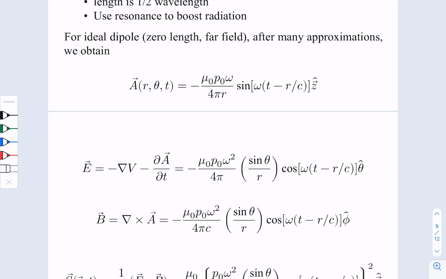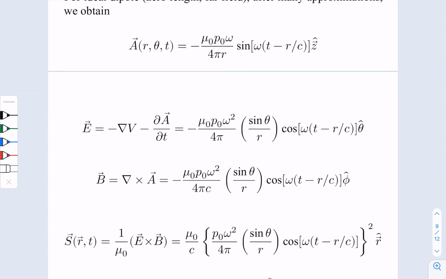Now we can do a cross product of the E field and B field. Remember that the cross product gives you the Poynting vector, which points where the electromagnetic wave propagates, right?